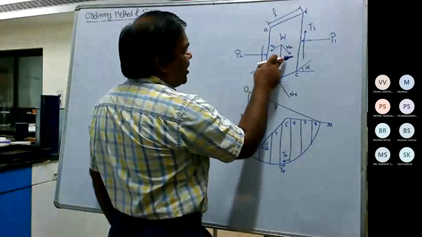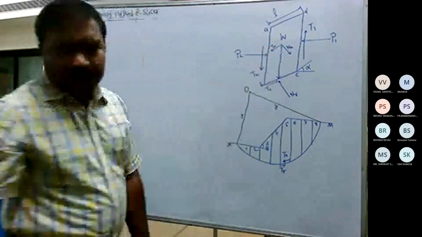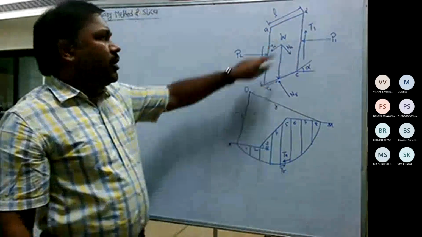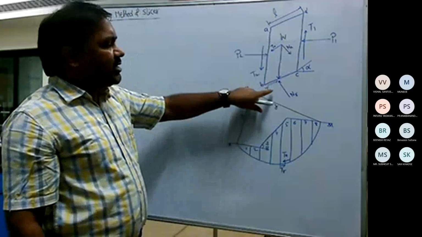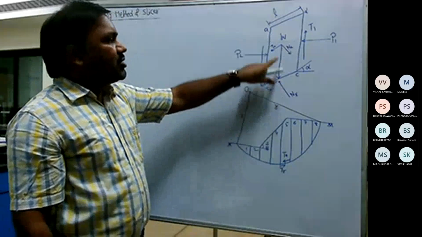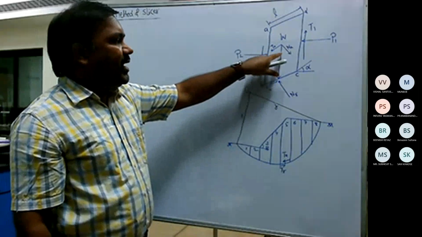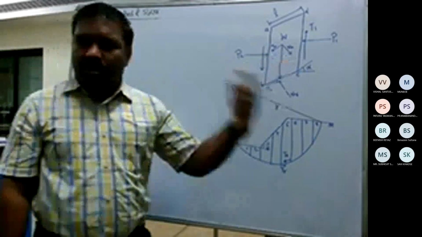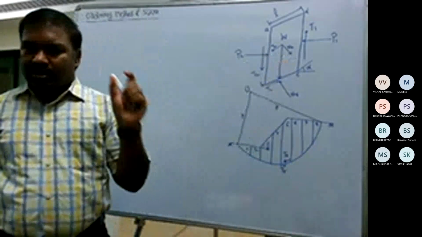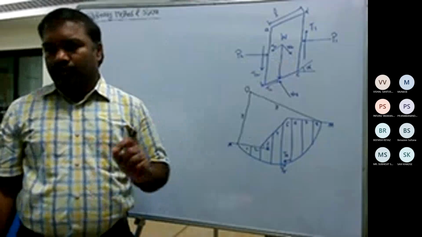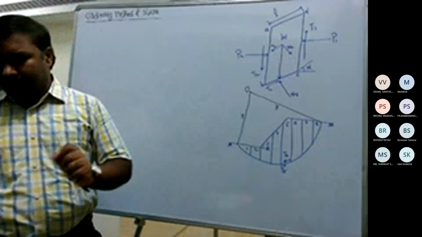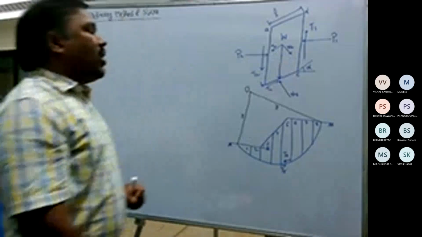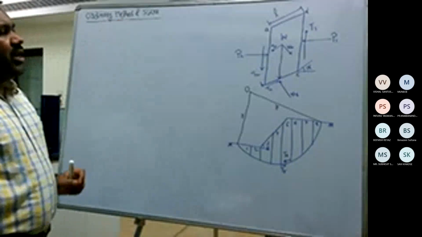W is the weight of the slice ABCD. If we resolve W in the direction of TR and NR, it can be resolved as TA and NA. This part we already understood from the free body diagram of a small element of an infinite slope; the same philosophy is valid here.